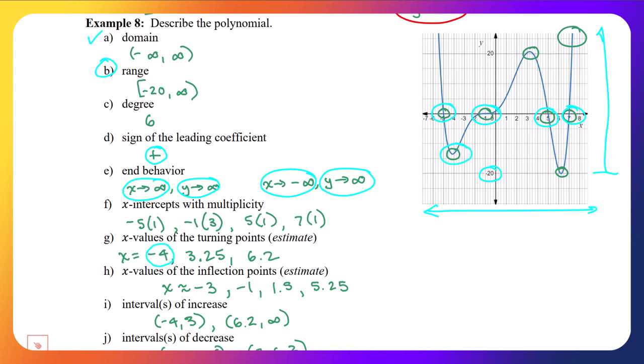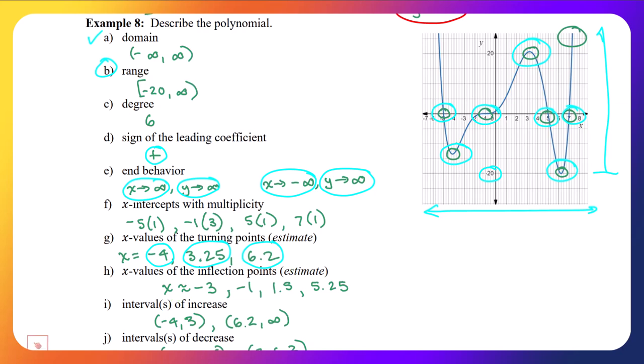Turning point here is -4. Turning point here goes from increasing to decreasing. That's at about 3 1/4. And here it goes from decreasing to increasing. It's a little more than 6. Whatever you want to write there is fine.